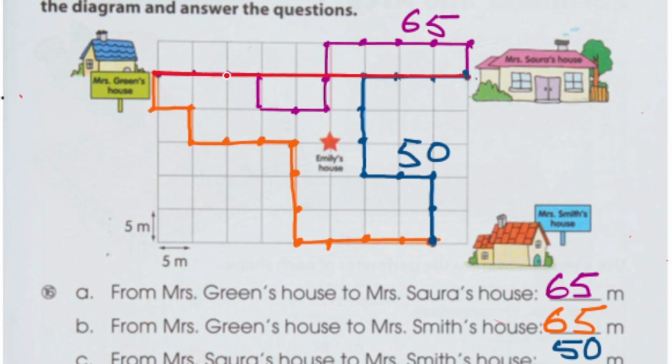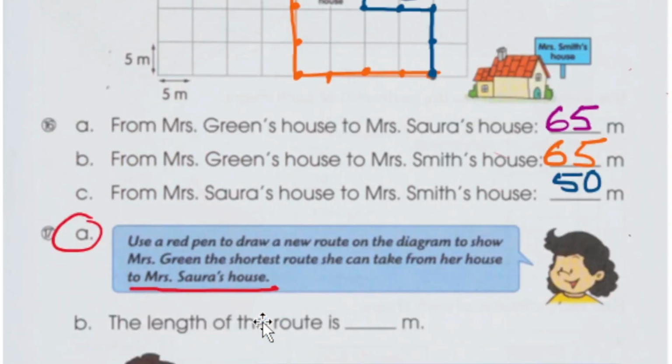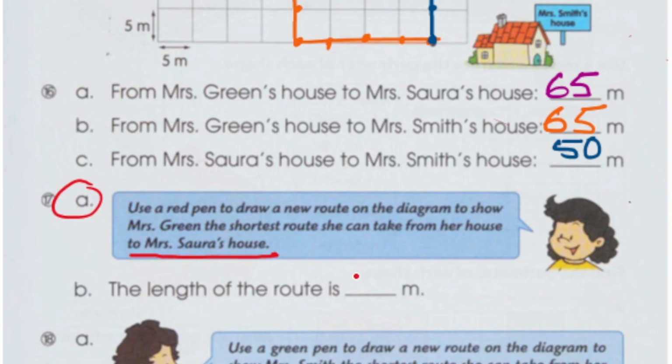That is straight from here to here. That means 5, 10, 15, 20, 25, 30, 35, 40, 45. This will be equal to 45 meter. So the length of the route is 45 meters.